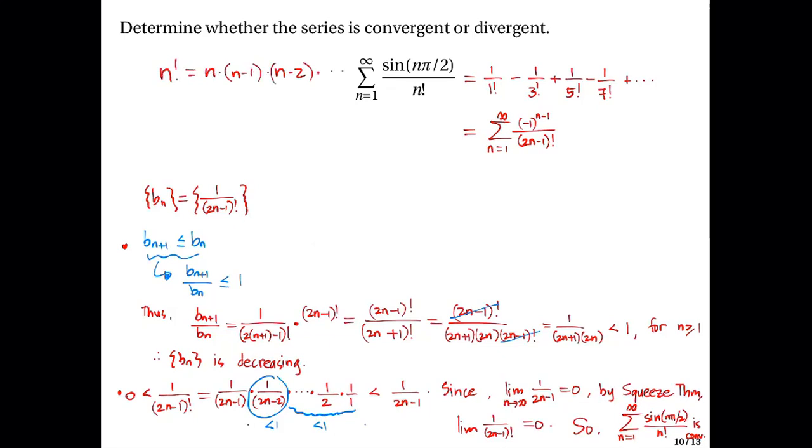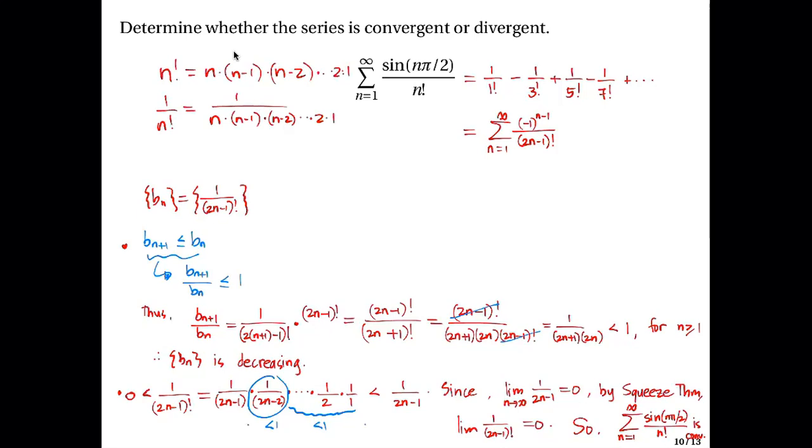Tama ba yun? And therefore, 1 over n factorial, this is 1 over n times n minus 1 times n minus 2 times 2 times 1.